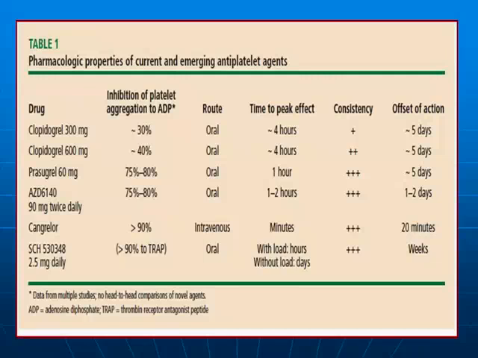The effect is not very consistent because of differences in enzyme levels and drug interactions. Prasugrel is much more consistent, 80% inhibition of platelet aggregation, and the peak effect occurs at 1 hour. So it works as well as the IV antiplatelet drugs, only it's given orally.